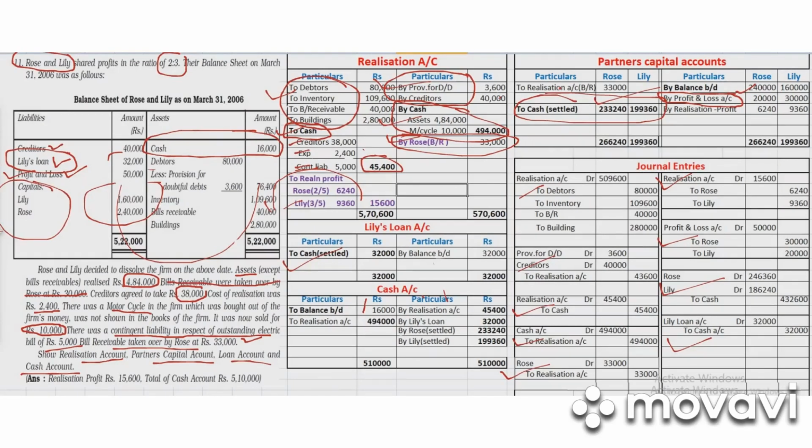So if ledger account and journal entries both are asked, first write the journal entries, then make the ledger accounts. You can have your own technique of making these journal entries. So I hope you have understood how to prepare journal entries, how to prepare ledger accounts on dissolution of partnership business.